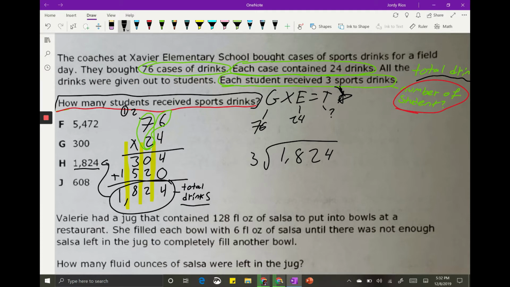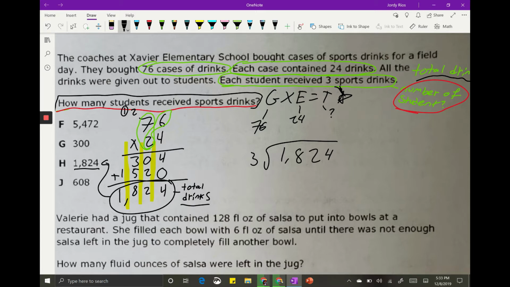So if each student is receiving 3 sports drinks, and my total number of sports drinks is 1,824, that means I'm going to divide because I need to know how many students there are in total, okay?